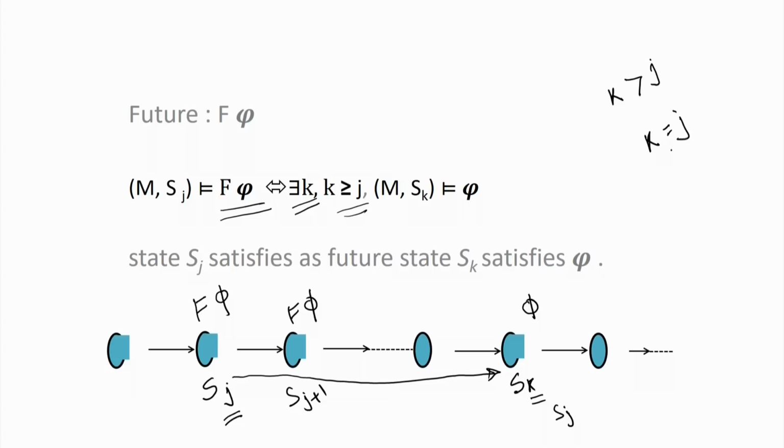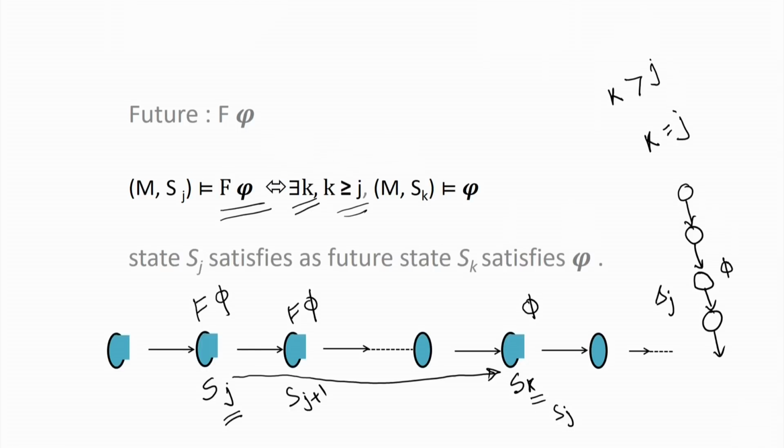Okay. So, if k equals j, just see in this particular case. Now, I am coming with a simple model. So, this is S j, and here in j itself phi holds. Okay. So, this is the scenario.